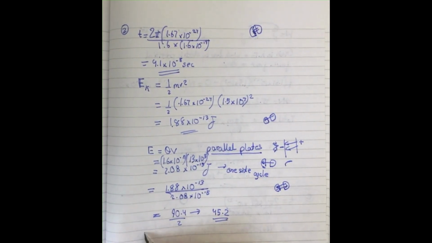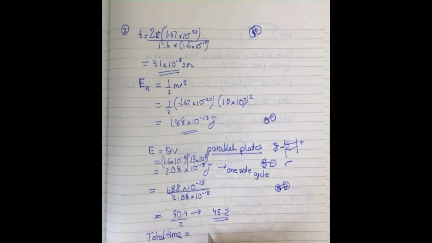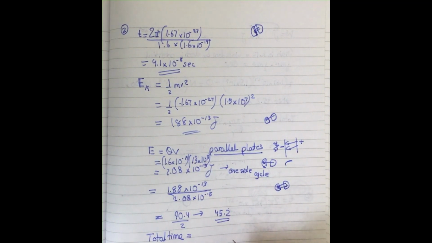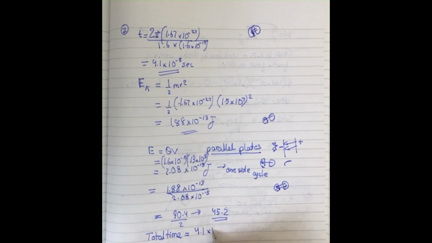Now to calculate the total time, we're going to use 4.1 times 10 raised to power minus 8.